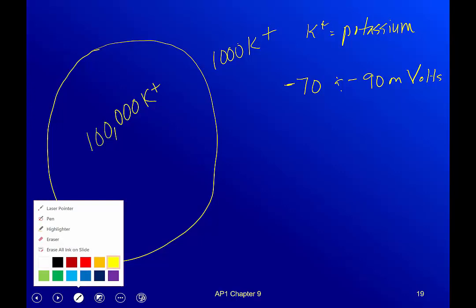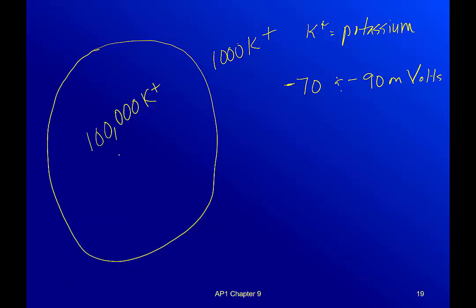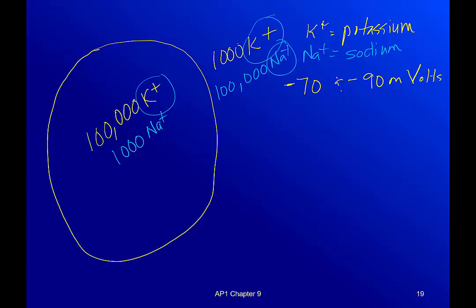Another example of things being different might be that I have 1,000 sodium inside my cell and 100,000 sodium outside. Na plus is sodium. It's that particular ion, okay? When it comes down to it, the difference between what's inside and outside is caused because I've got different numbers of ions on both sides of this membrane, and that difference creates that resting membrane potential.